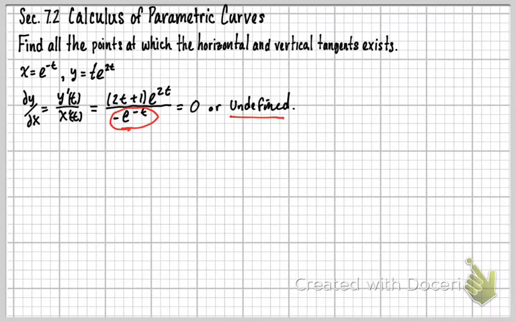There's not a value where the bottom is actually going to be 0, because whether I plug in negative or positive values for t, it's not going to make a difference. If I did negative 100, that'd be e to the positive 100, negative. So we're not going to find anything undefined. We're done with that one.